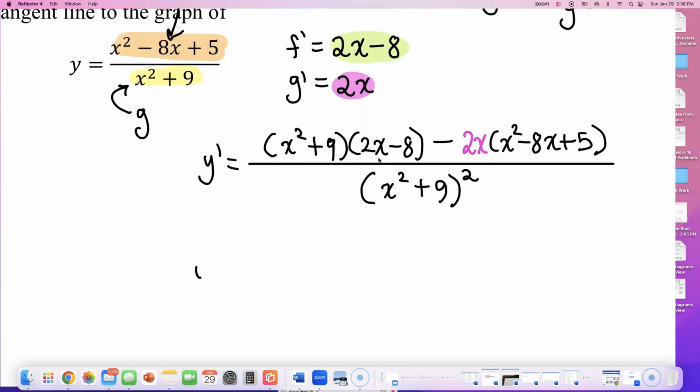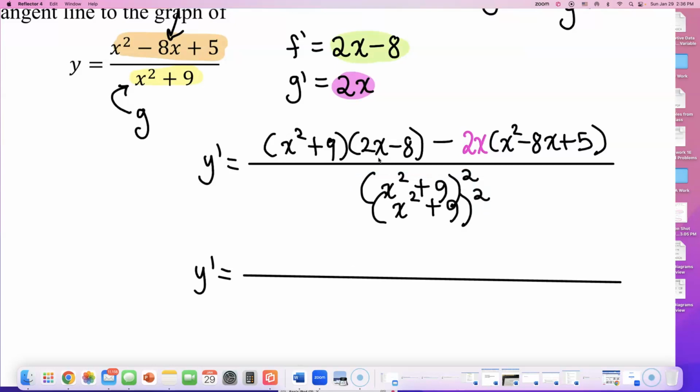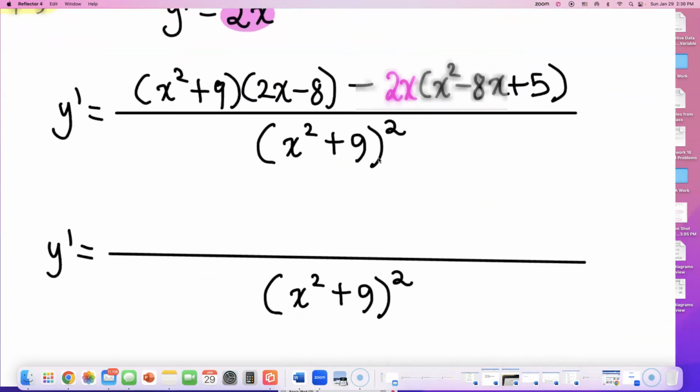So y prime equals. Leave that denominator alone. This is just going to be what it is. I'll just copy it down. But now on top of the fraction, we need to FOIL. Okay, ready? So if you FOIL this, x squared times 2x, that will give me 2x to the third power.